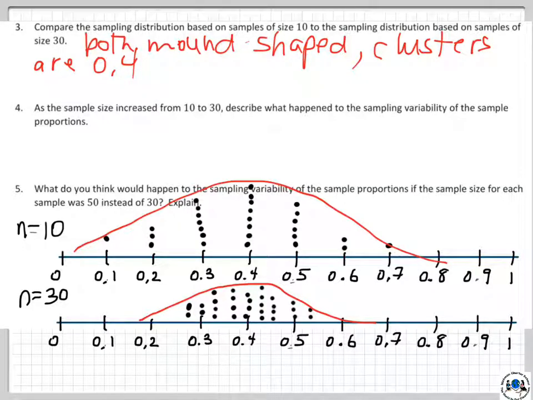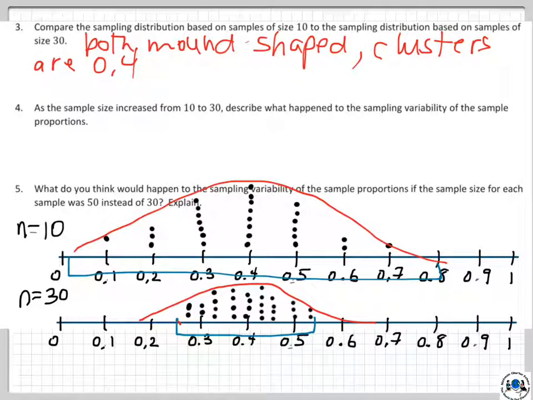Also, the variability of 30, where n equals 30, is less than when it was n equals 10. So you can see our variability. Let's draw that in a different color. Okay, so here's our variability here, or a range, and then you can see this one much bigger there.